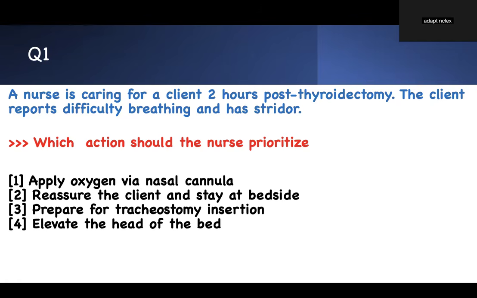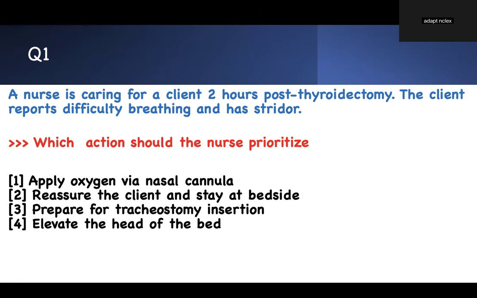If the patient is dying, oxygen is not enough, even through nasal cannula. If you reassure the client, the client is dead. Elevating the head of the bed will worsen the situation. They would rather lay flat. This is not a lung problem. It's the upper airway, the tubes bringing air into the lung.